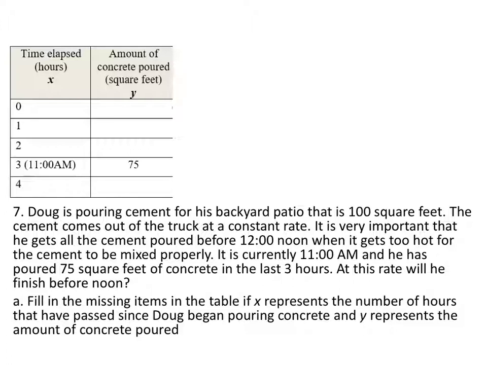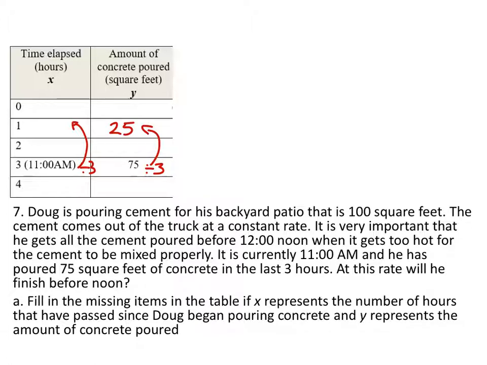So if we have 75 square feet of concrete poured in 3 hours, then we should be able to find it for 1 hour pretty quick, okay? So in that case, we would take 3 and we would divide it by 3. But if we do it to that one, in order to scale it properly so it's proportional, we'd have to take the 75 and divide it by 3, which would be 25.